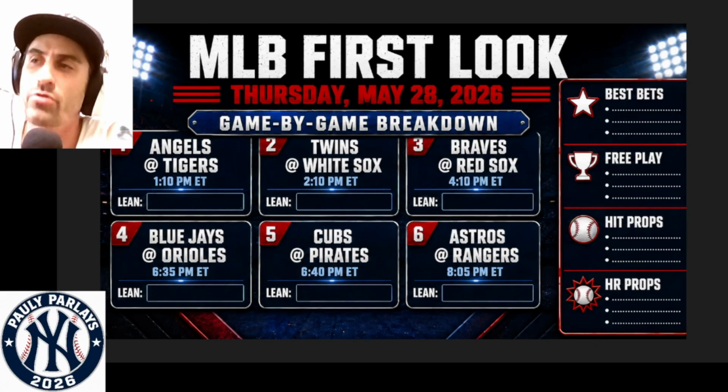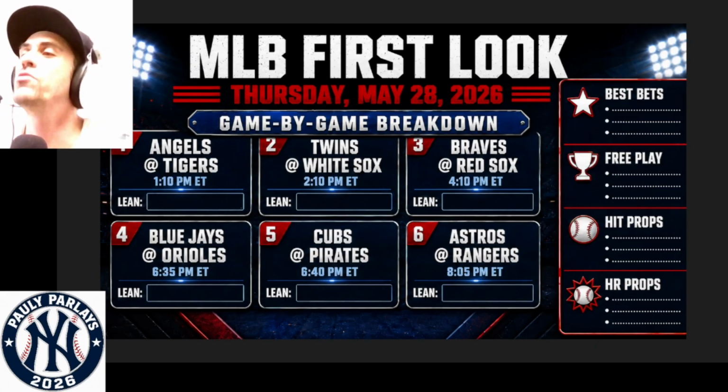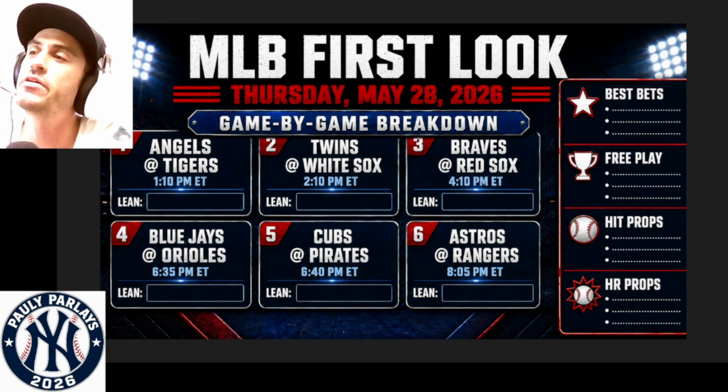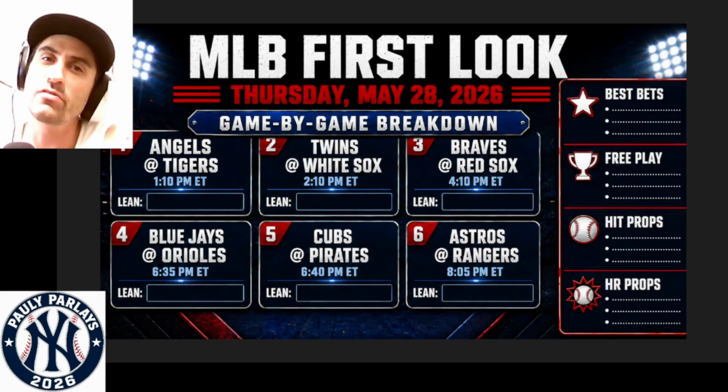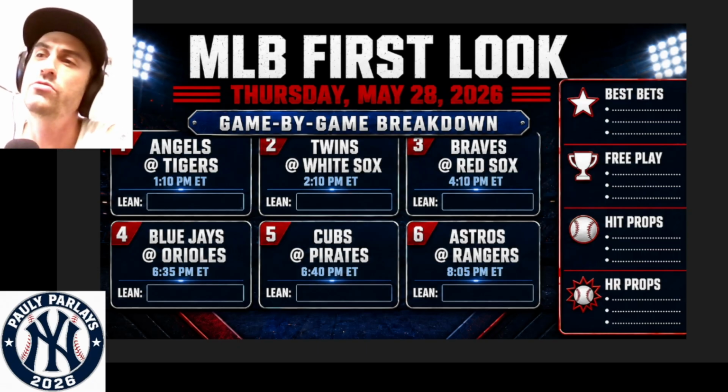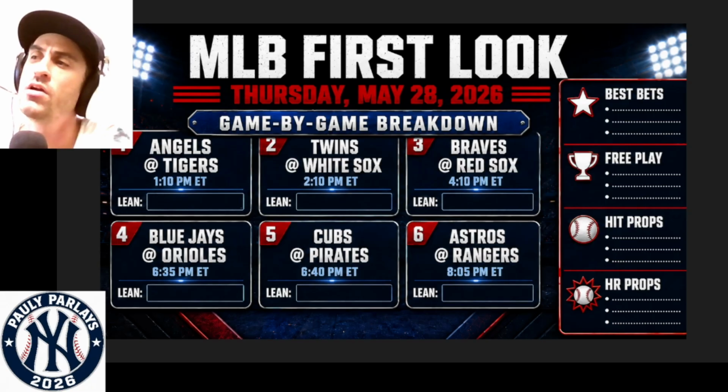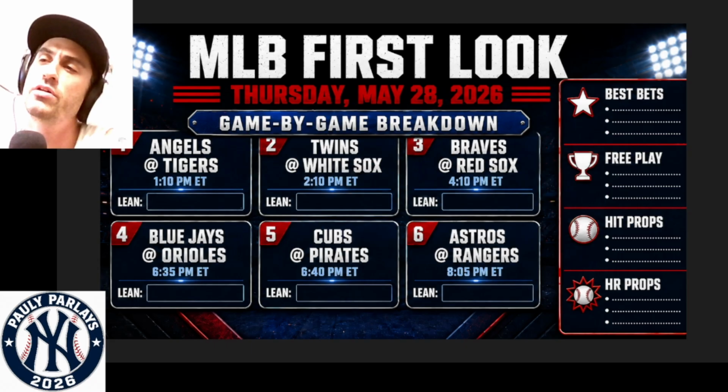Both starter profiles have enough concern to keep the over live. Grayson Rodriguez enters with a 10.61 ERA, which is obviously inflated, but a 2.14 WHIP, while Jack Flaherty in the Tigers sits at 5.94 ERA and a 1.66 WHIP. The reason this misses the main card is trust, but you could play the over here, over 8.5.